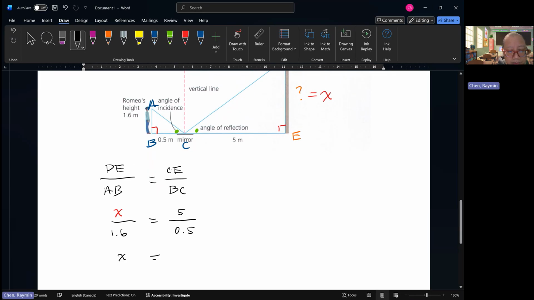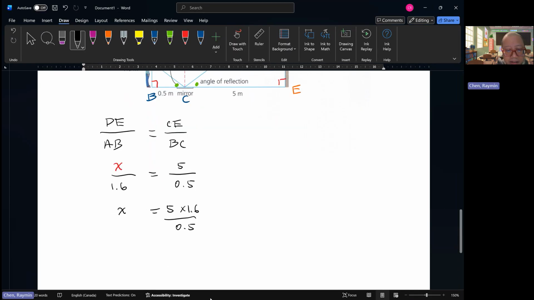X is equal to 5 times 1.6 divided by 0.5. Taking your calculator again. Here's my calculator. It popped away. That's okay. 5 times 1.6 is 8, divided by 0.5, which is 16.